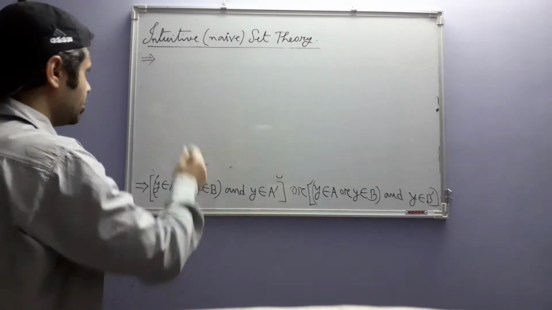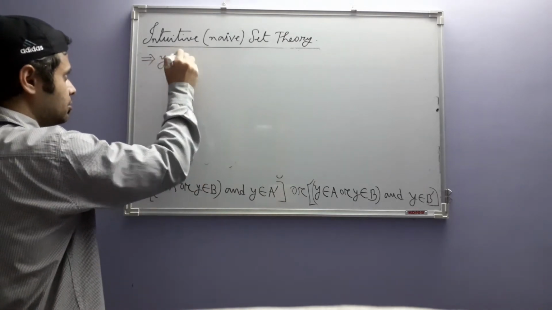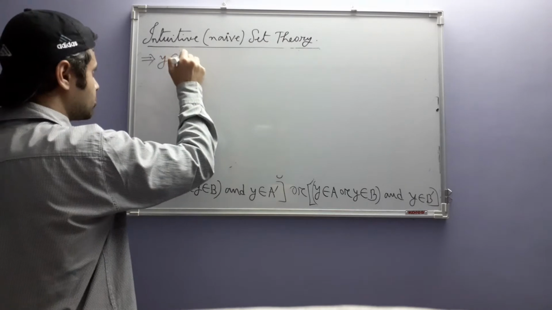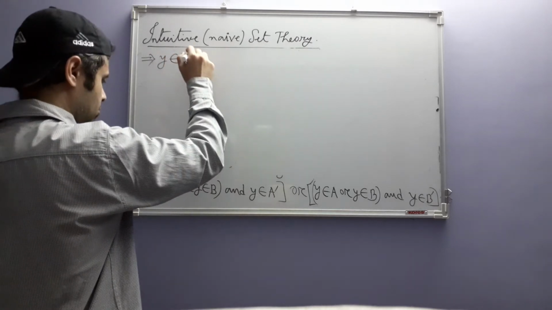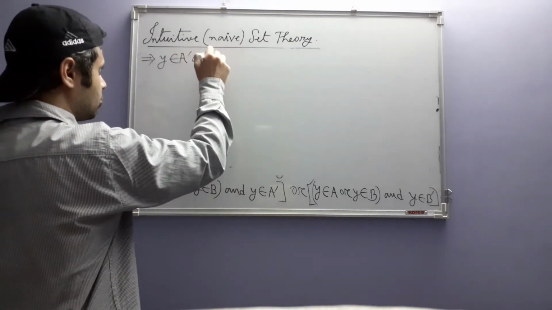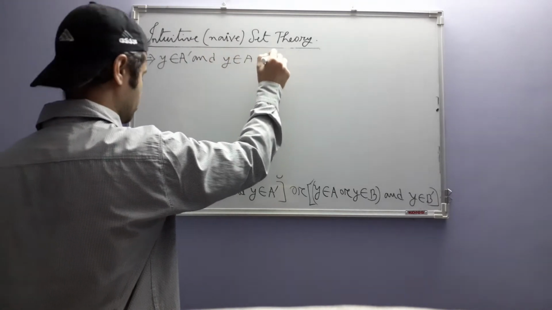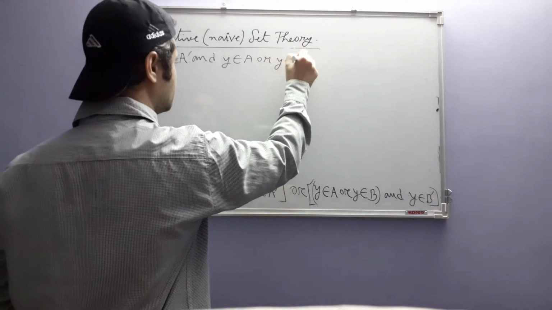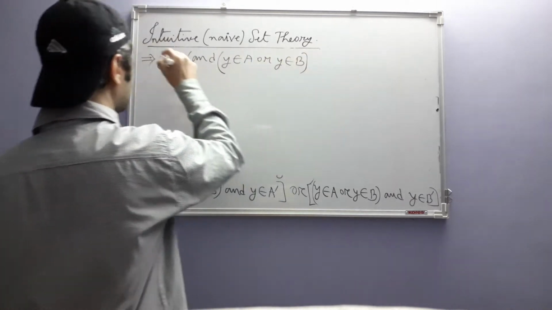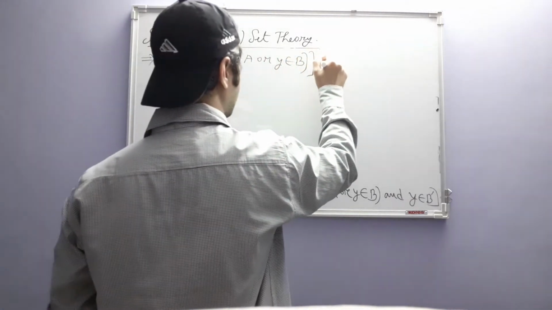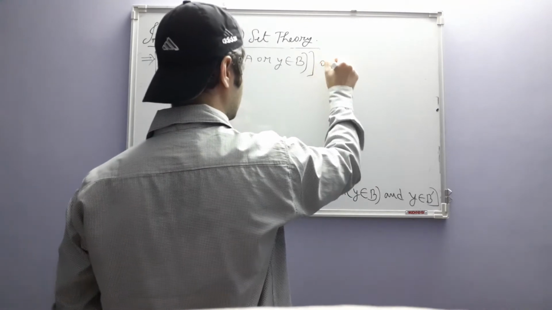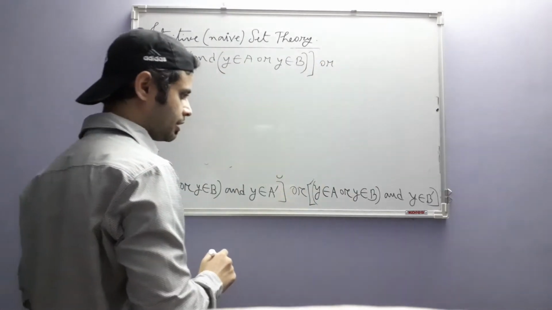So again, similarly, I apply the commutative law, Y belongs to A complement and Y belongs to A or Y belongs to B. Or, instead of and, now we have or.